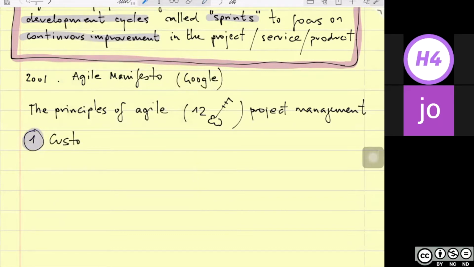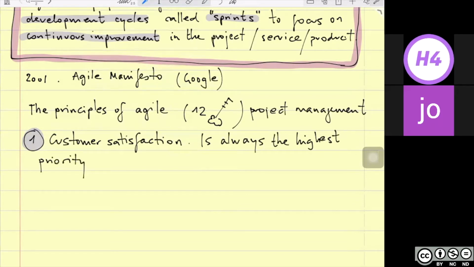Customer satisfaction is always the highest priority and is achieved through rapid and continuous delivery.